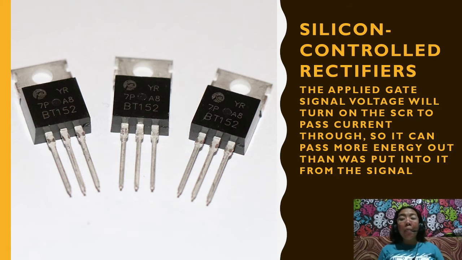So, it can pass more energy out than was put into it from the signal. So, the output is greater than the input or the trigger signal applied to the SCR.